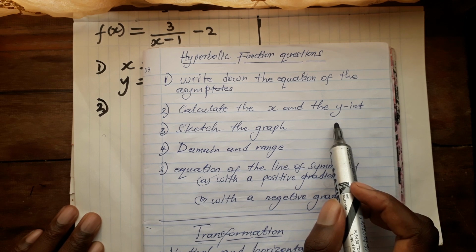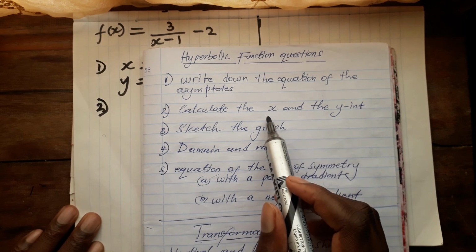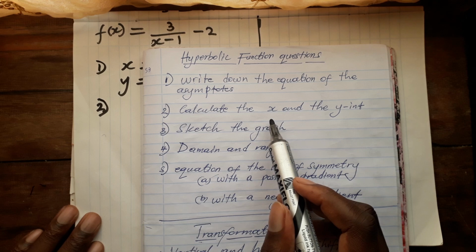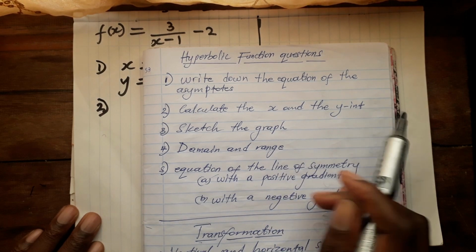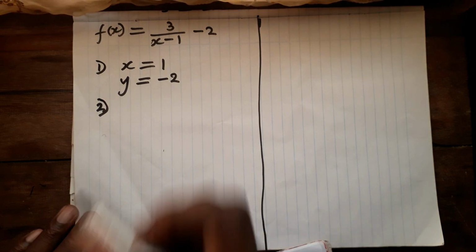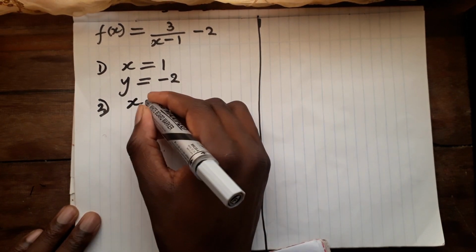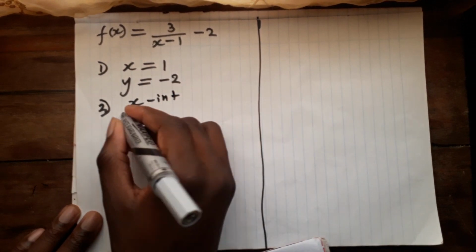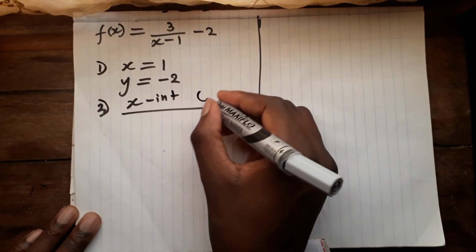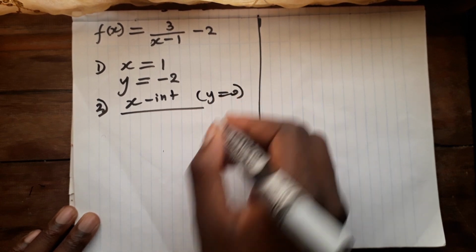What are we going to do here? We already know that for the x-intercept you must let y equal 0. For the y-intercept you must let x equal 0. So we're going to start with the x-intercept. You must let y equal 0.